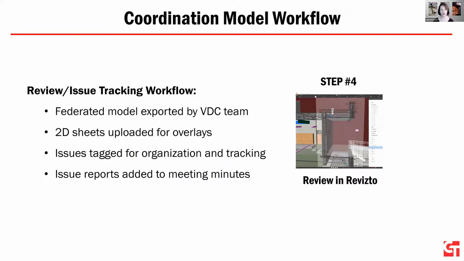So we are using it for our issue tracking, specifically in our VDC department. The rest of our office, as some other people have mentioned here, is using BIM 360 Docs for issues. So we've tried to look at integrations with Docs, but are still just sticking to Revizto. So when we think about moving in here, the VDC team is exporting out a federated model from Navis to Revizto.